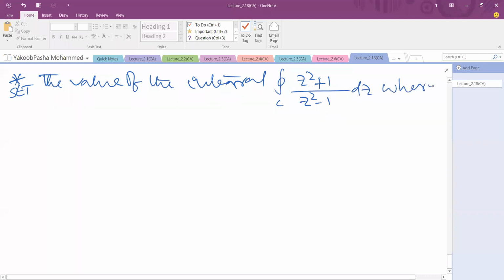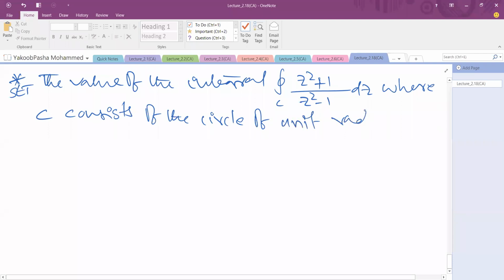where C consists of the circle of unit radius with the center at z is equal to minus 1.